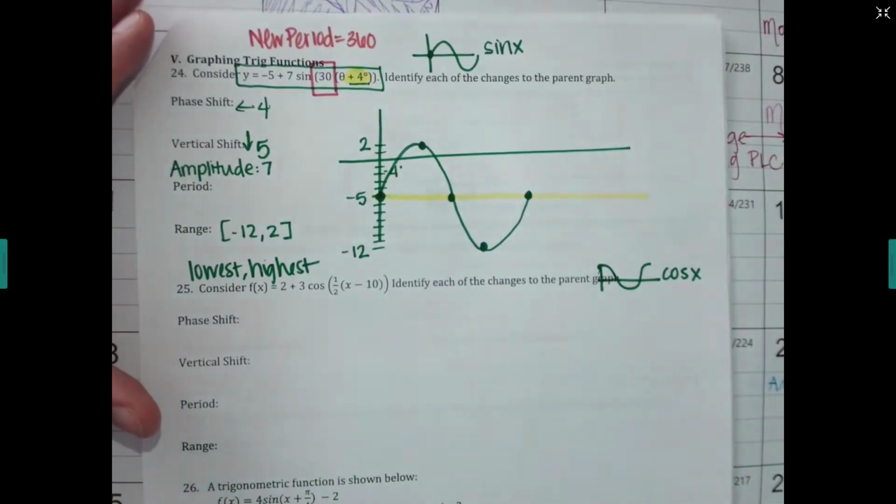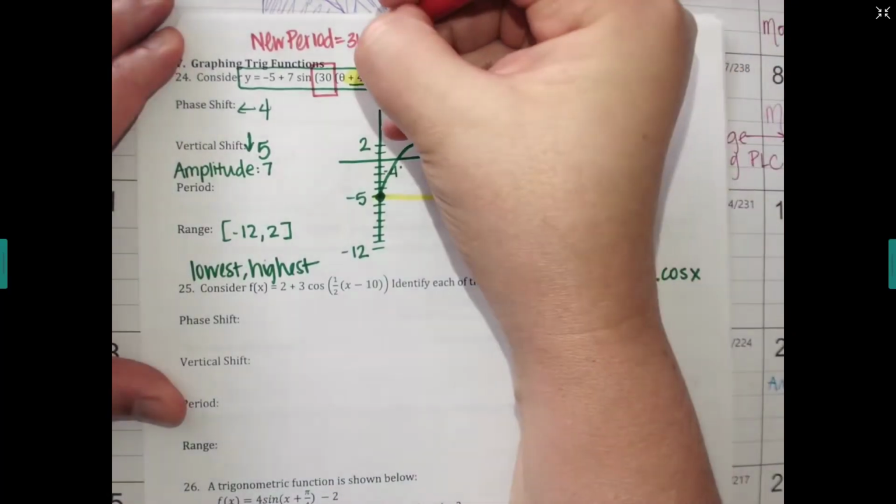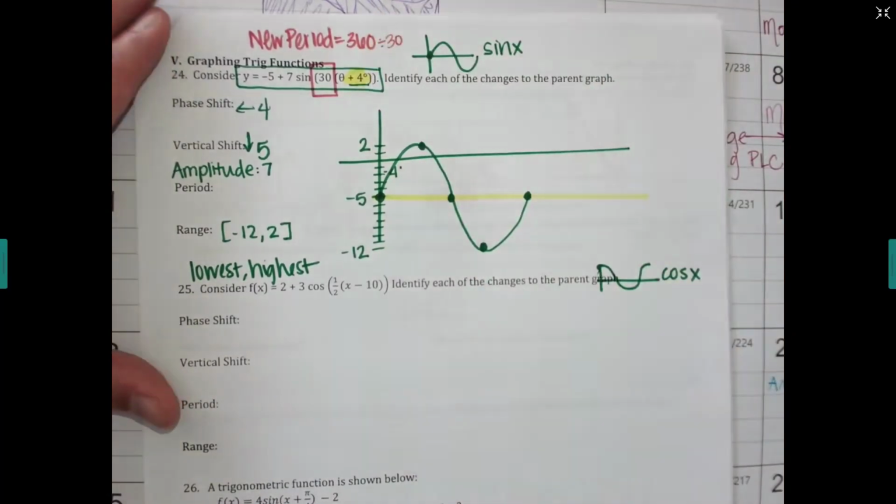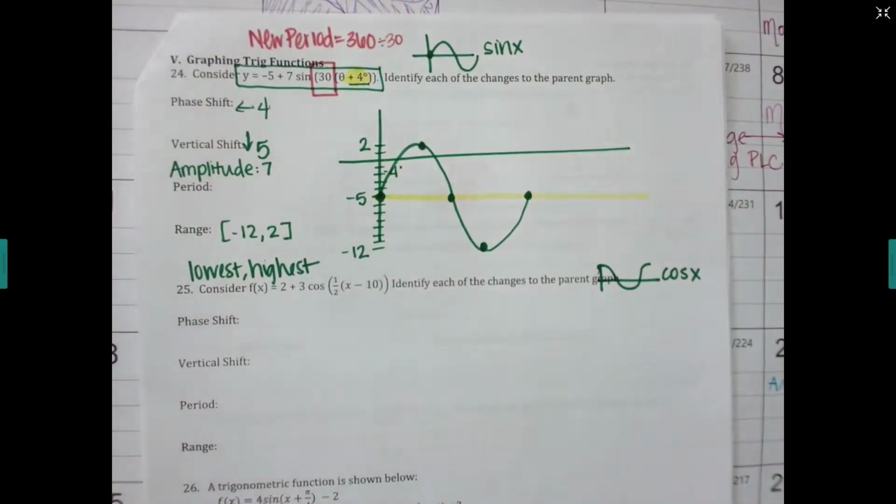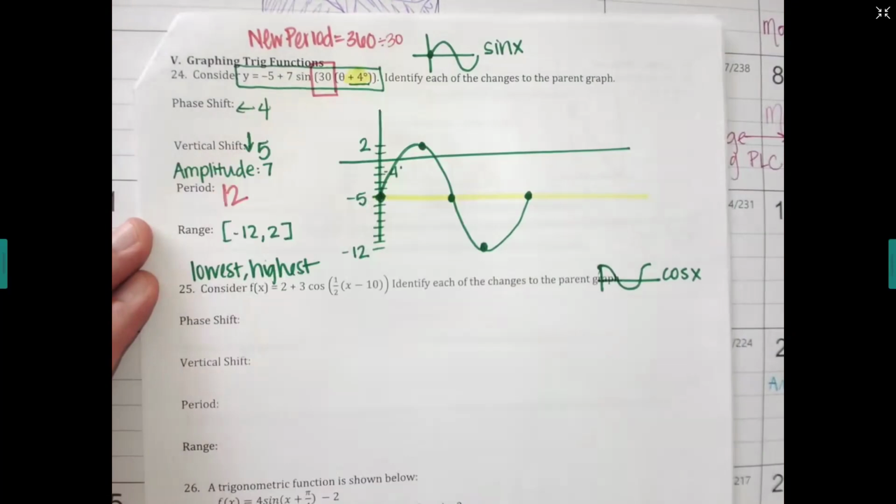And then if they put a times 30, do you remember you do the reverse? So you're going to really divide by 30. Okay, and 360 divided by 30 is how many? So your period is 12.